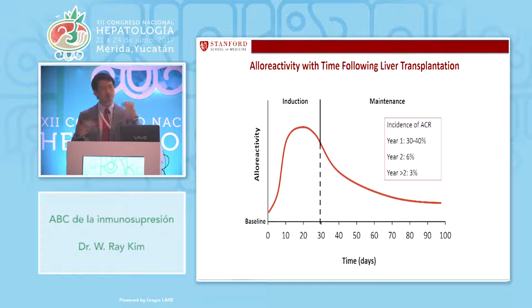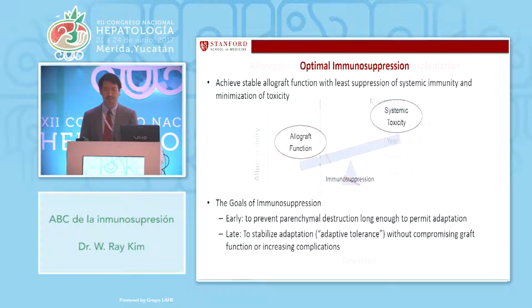And as the two entities get to know each other, your requirement for immunosuppression becomes lower, and that becomes the maintenance phase. So the incidence of acute rejection is highest mostly in the first month, maybe up to a third of the patients, and then it becomes progressively smaller after that.